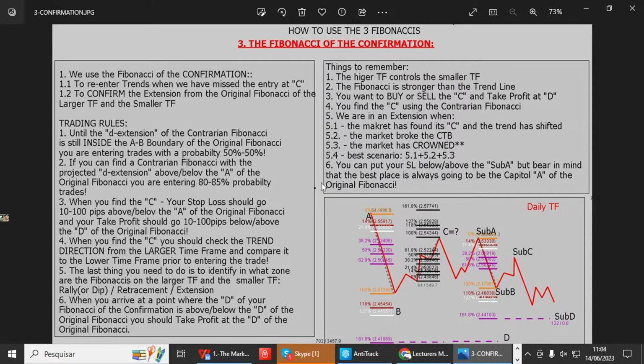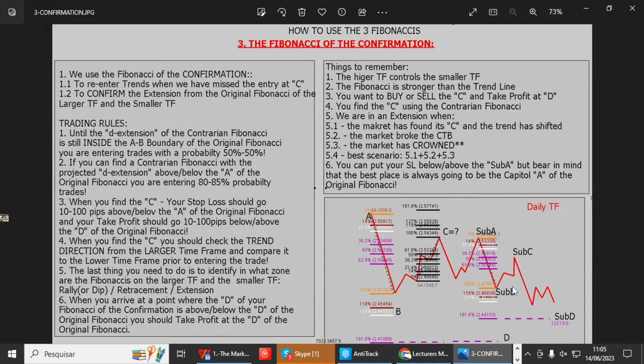And you can see from the picture, you have the capital A, B, C, and down here it's capital D, and then you have the subs, same color, original Fibonacci, Fibonacci the confirmation.